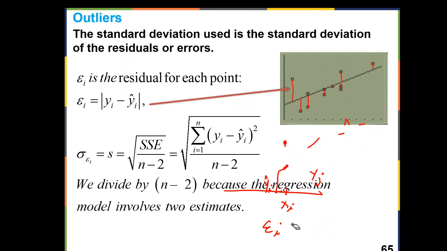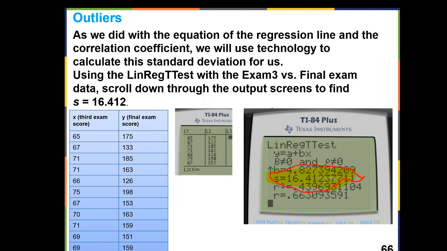So let's do that. What we have to do is go to y equals, where we have the equation for y hat in y1. We're going to put 2 more equations in y2 and y3. And that's where we get s.